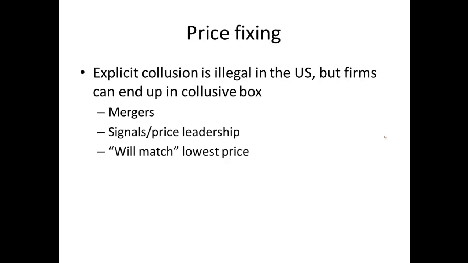They're doing you a giant favor and hoping you'll reciprocate by also raising yours, even without any explicit cooperation or explicit collusion. So, sometimes one firm raising its price can give rise to an occasion where other firms would want to raise their price, even just to keep things stable. And of course, it would be good for the firms. So that's another kind of conduct-based way that you might end up in the more profitable box.